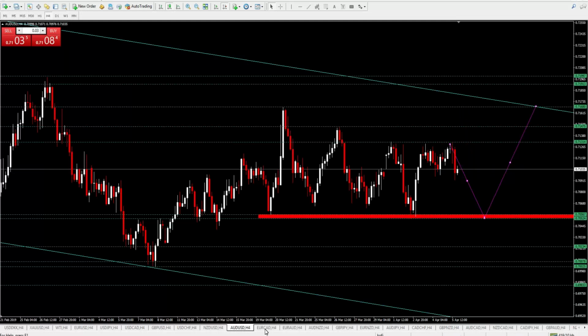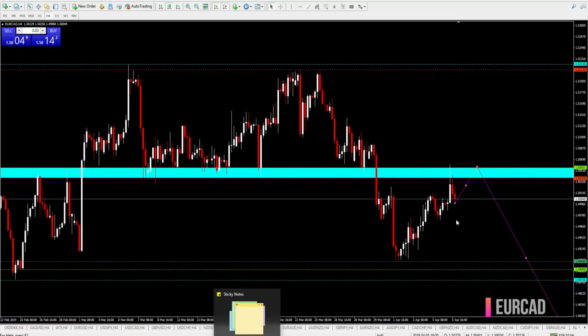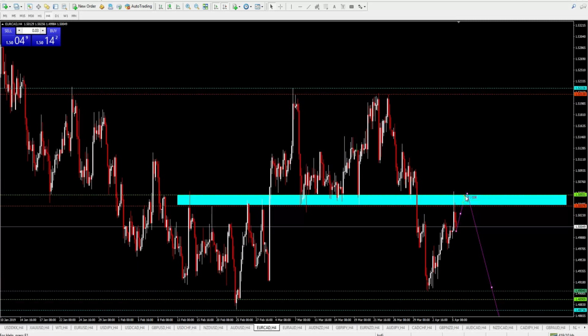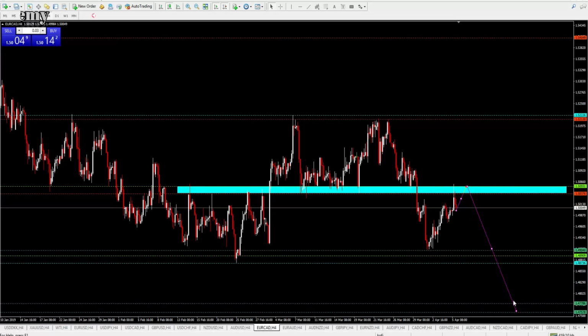EUR CAD, as I said last week, I thought it was going to pull back up to test this level, and it did. So I think many of you have an open trade here. If you can get a pullback again, turning into a double top or something like that, we should see the market breaking below this previous low, pushing all the way down.